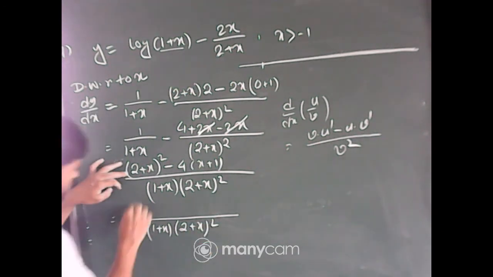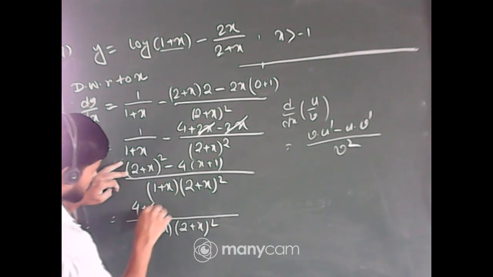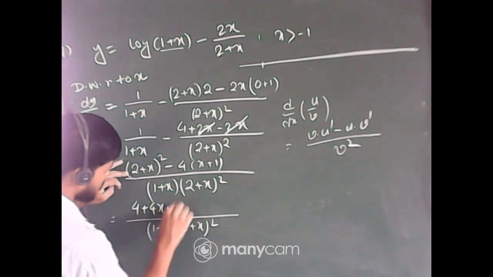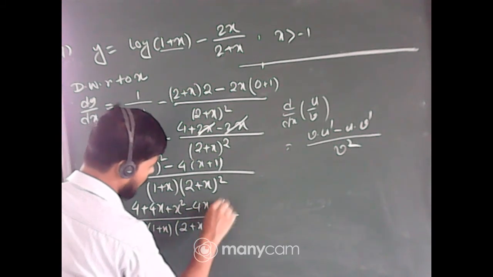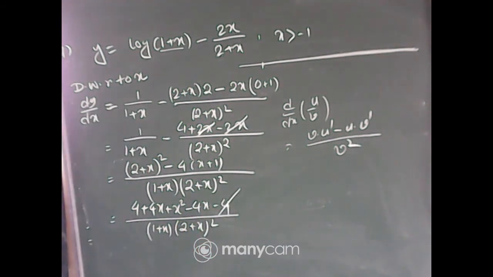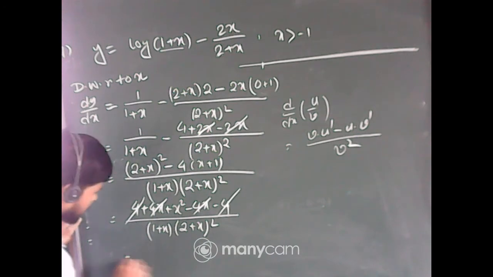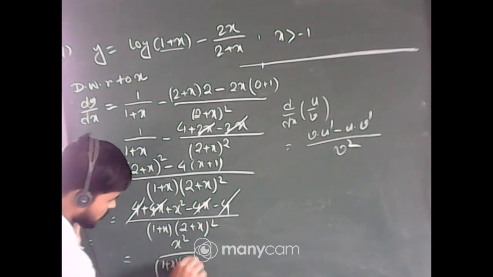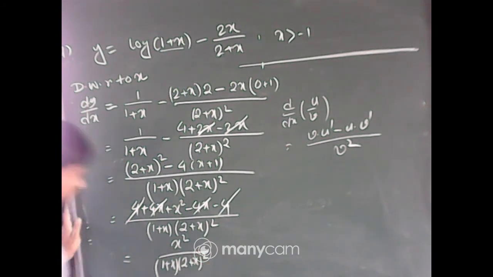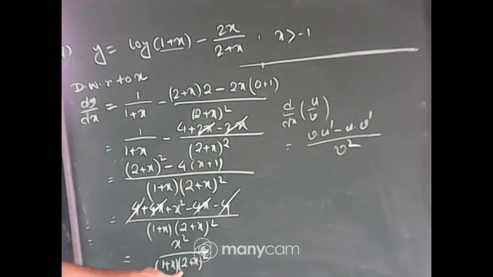That means this is 4 plus 4x plus x square, and this is minus 4x and minus 4. Look, this plus 4 and minus 4 will cancel each other. Also this minus 4x and this plus 4x will cancel each other, so the final result will be x square by (1 plus x) into (2 plus x) whole square.